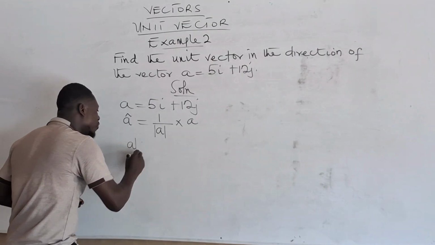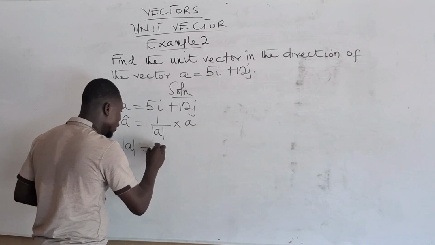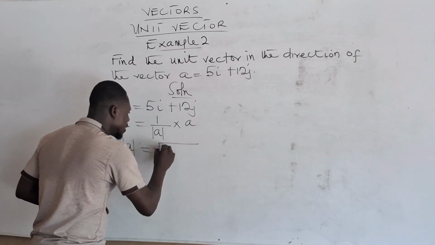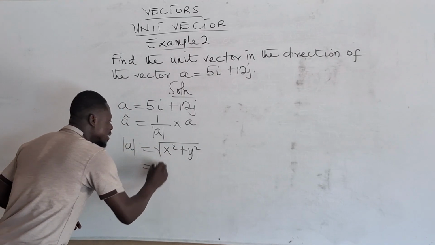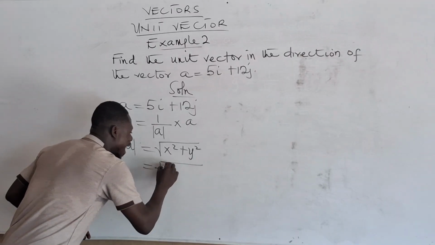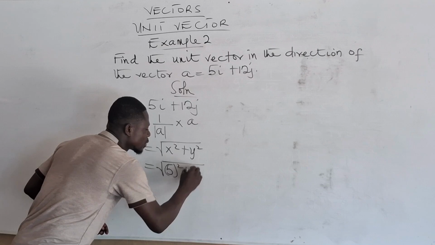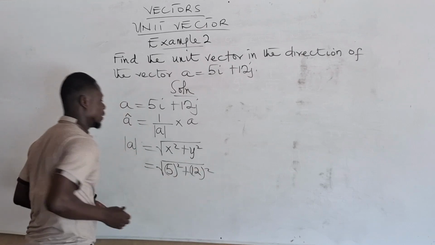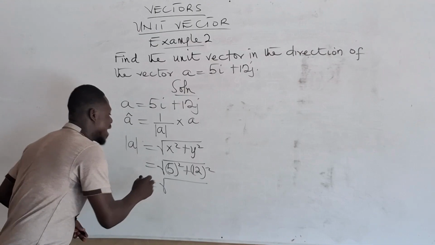So the magnitude of A will be the square root of x squared plus y squared. So this will give us 5 squared plus 12 squared. After this, we will square the 5.